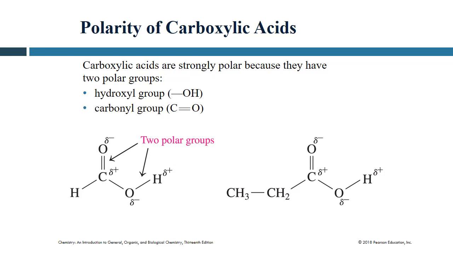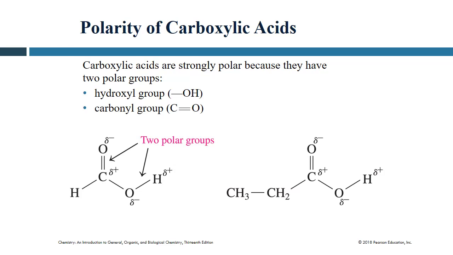The primary reason is you've got a carbonyl group, which we saw in ketones. That carbonyl group makes the ketone polar, allows small ketones to dissolve in water, but large ketones have a hard time doing it. And we've got that hydroxyl group, which allows alcohols to dissolve really well in water.